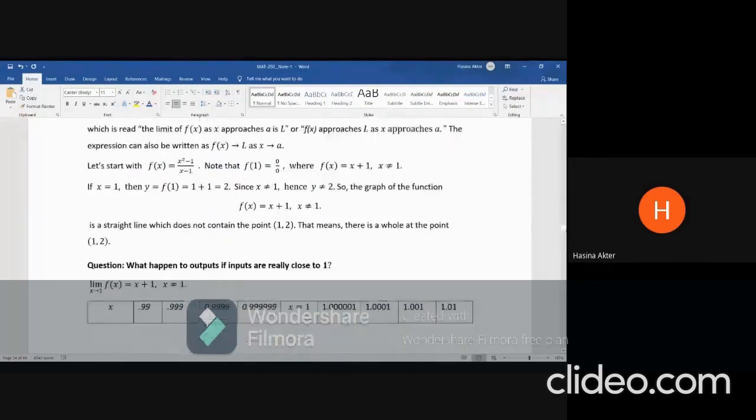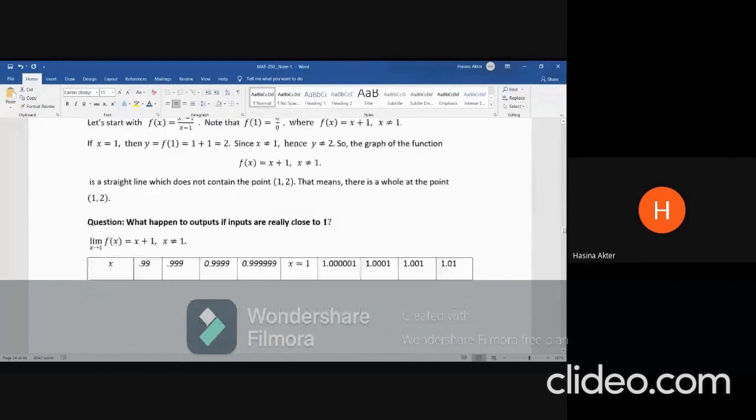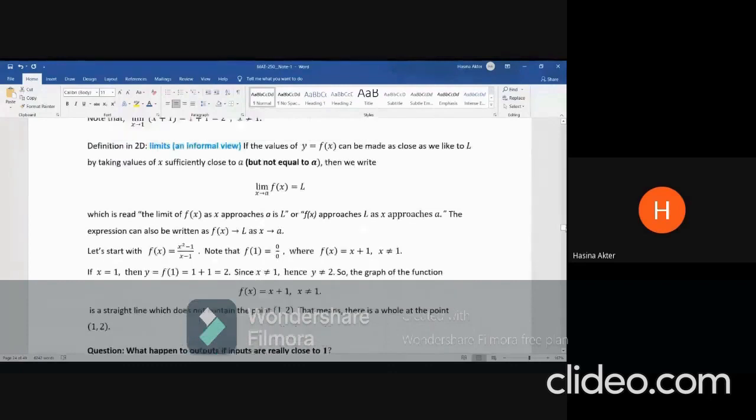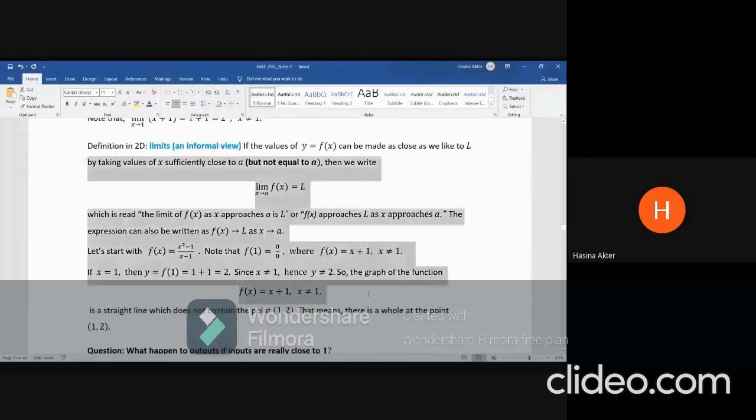Since we understand that 0.999, no matter how many nines you pick, gives us approximately 1, similarly, if I write 1.0000, no matter how many zeros I write, at the end I'm going to put a 1.